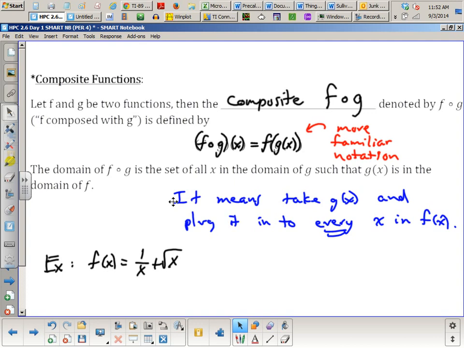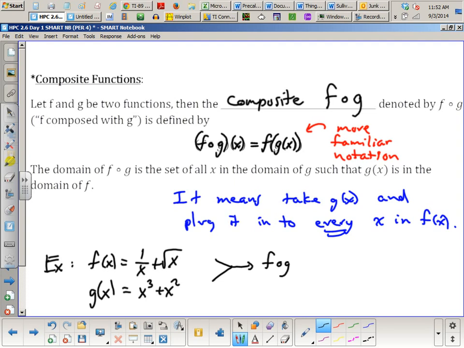All right, sorry. So let's say that you have this function, and g of x, let's just say, is the function x cubed plus x squared, and you wanted to find fog. Fog would have the appearance of f, but it would have g's instead of x's, like this.